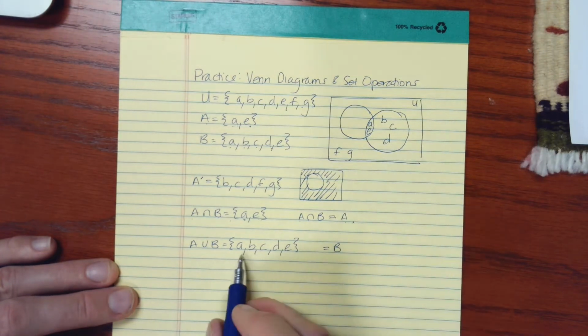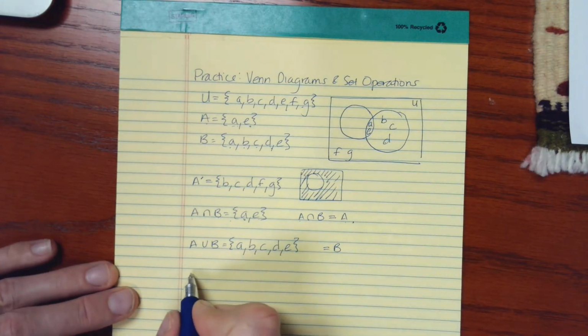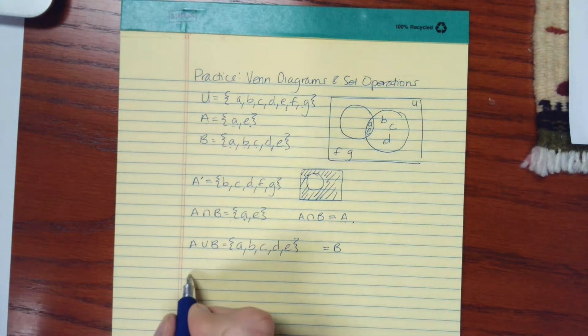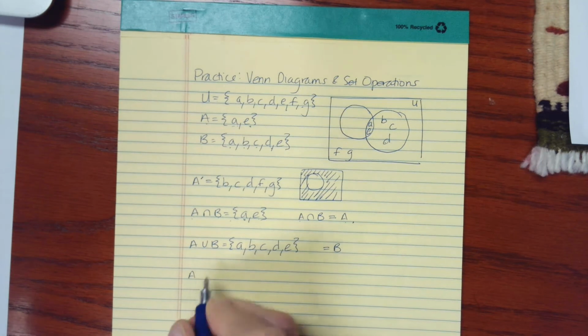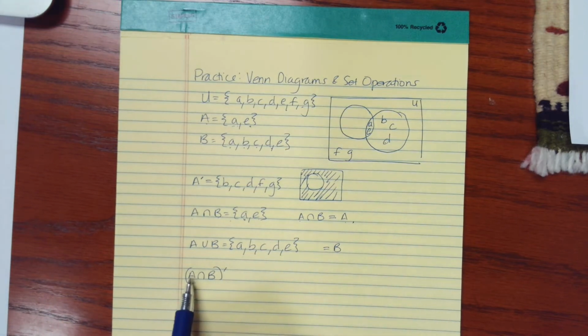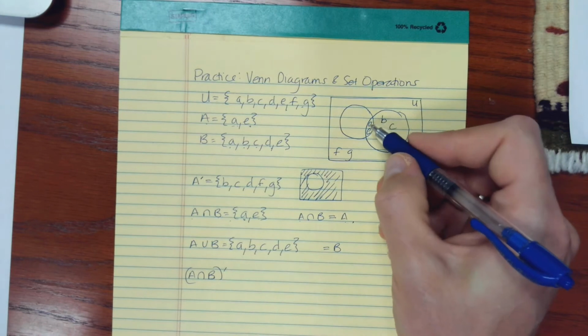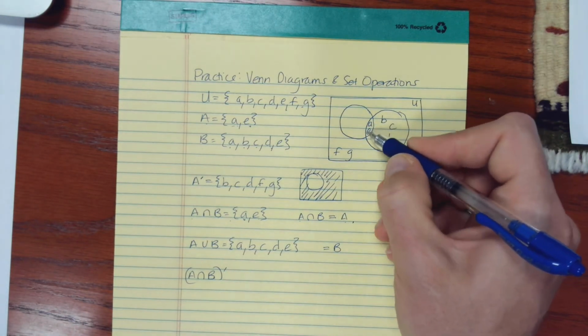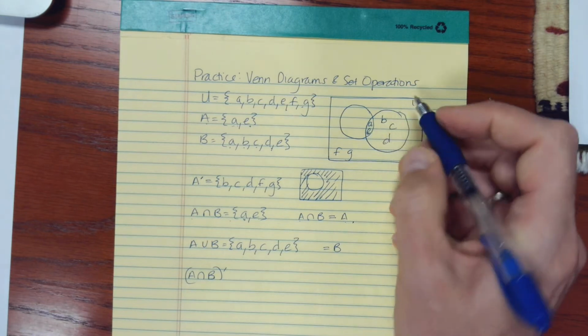All right, what about, let's say, the complement of the intersection? So all the elements that are not in the intersection. So the intersection is here. It's the A and E. Now what are all the elements that are not in the intersection?